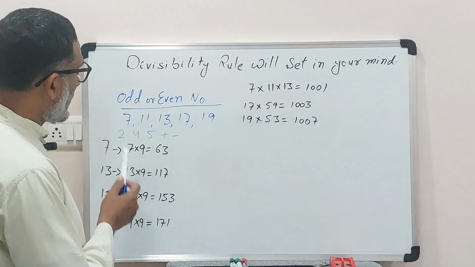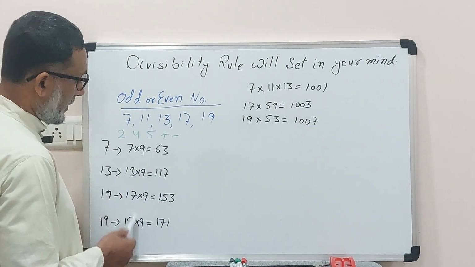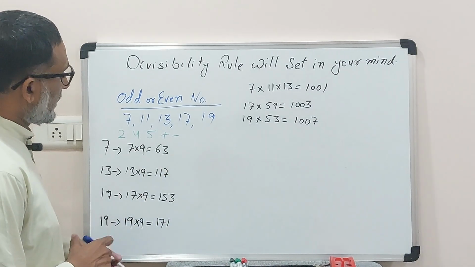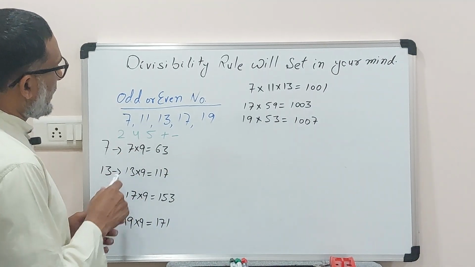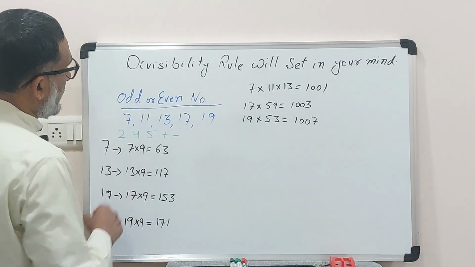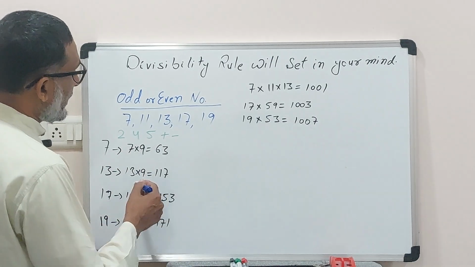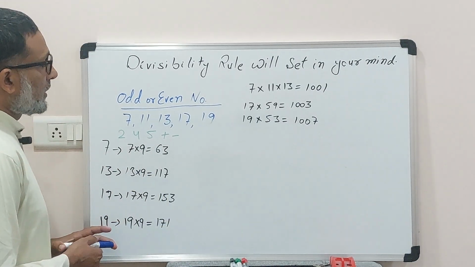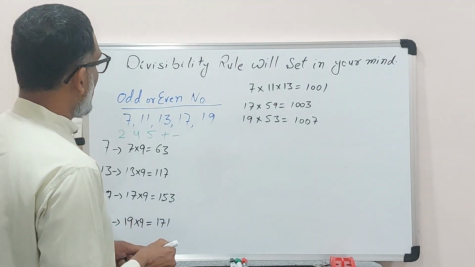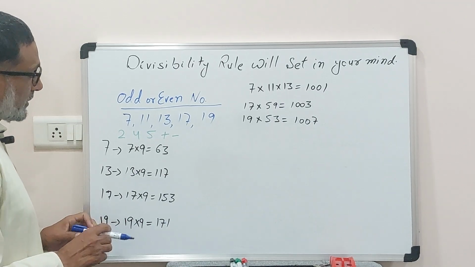But later you may get confused about which one to multiply by 2, which by 4, or which by 5, and whether to add or subtract. So how can you remember? For checking, take any number.